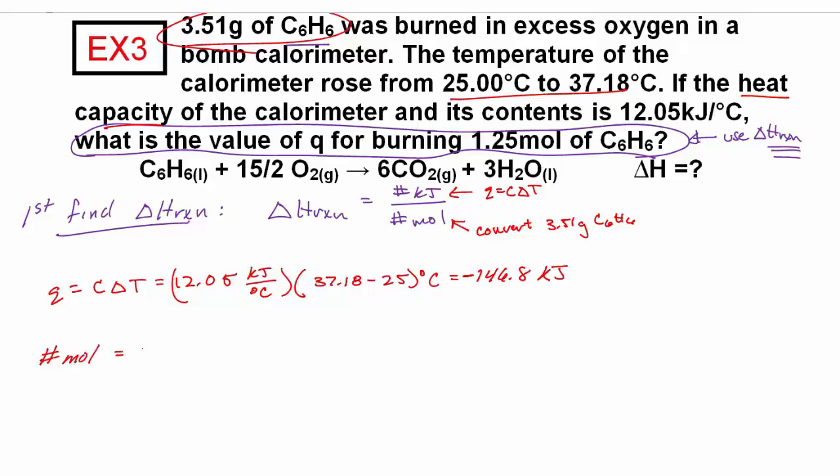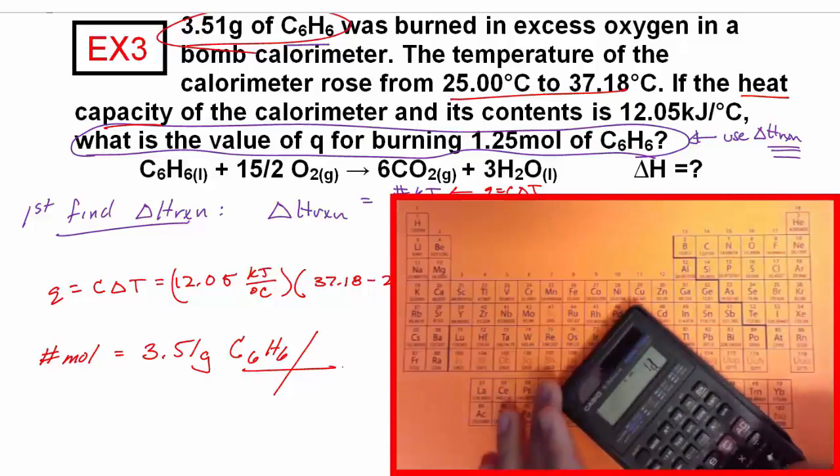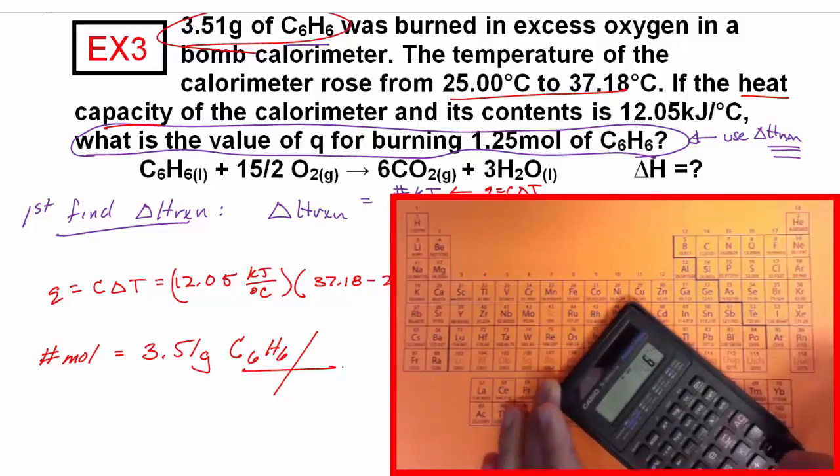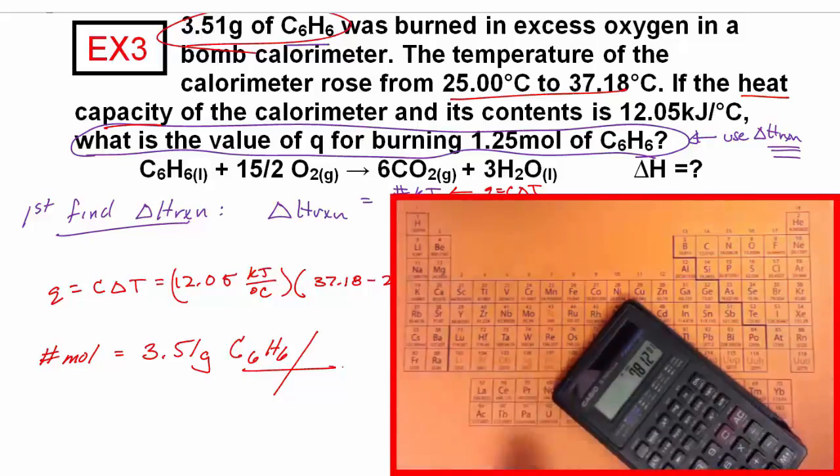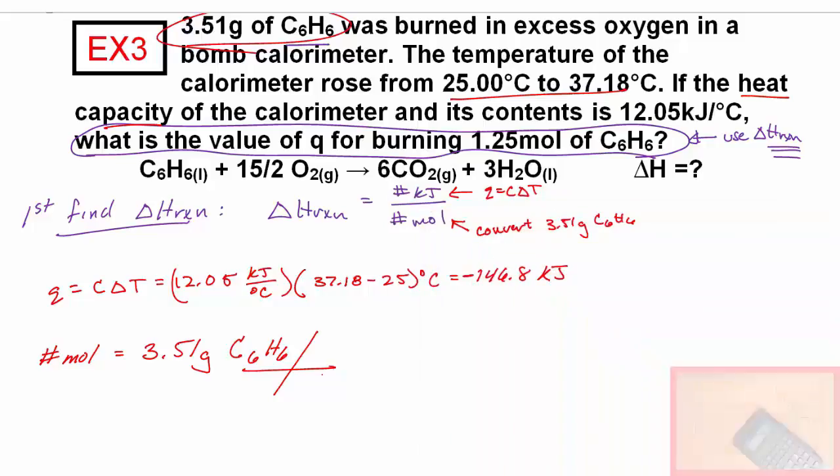Now let's find the number of moles. That number of moles is going to be 3.51 grams of benzene. Just convert it into moles. Carbon is 12.01, so 12.01 times 6 plus 6.06 for hydrogen. I get about 78.12.